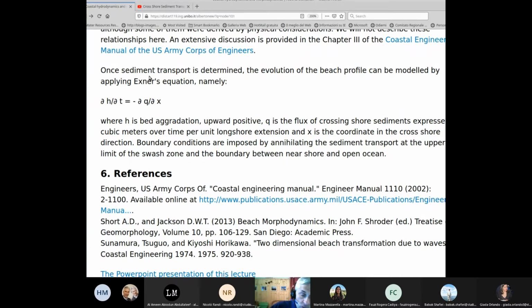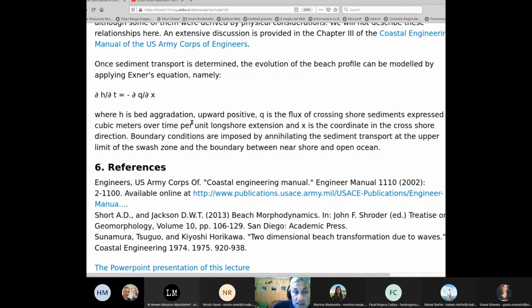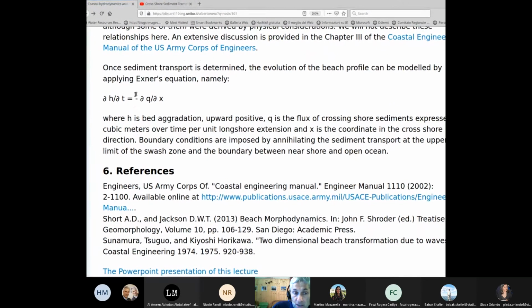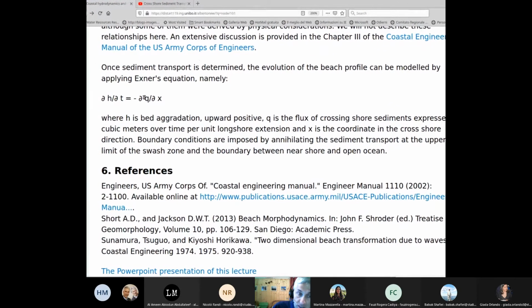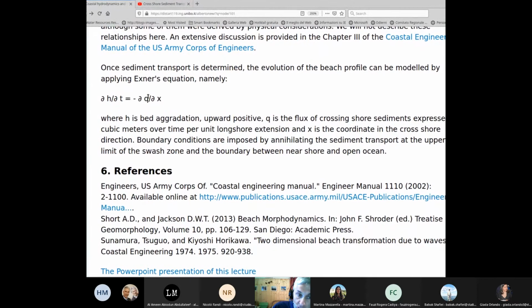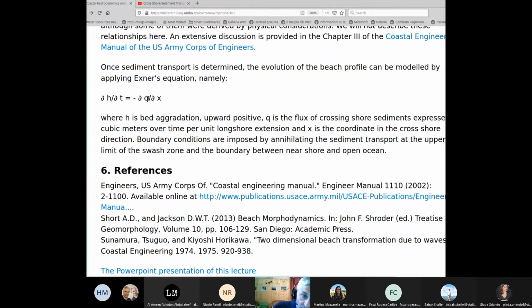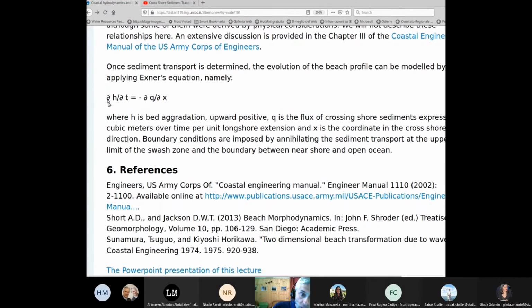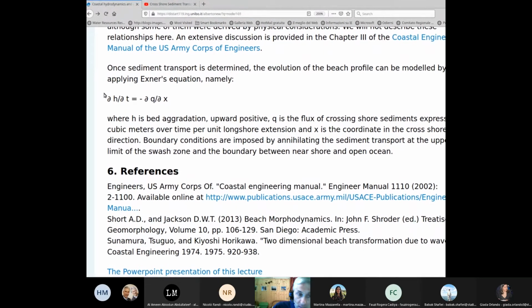And this deposition is, of course, causing an accretion, an increased elevation of the seabed over time. So by equating in differential terms the change in the fluxes of sediment along x, this equation is computing the changes in bed elevation.